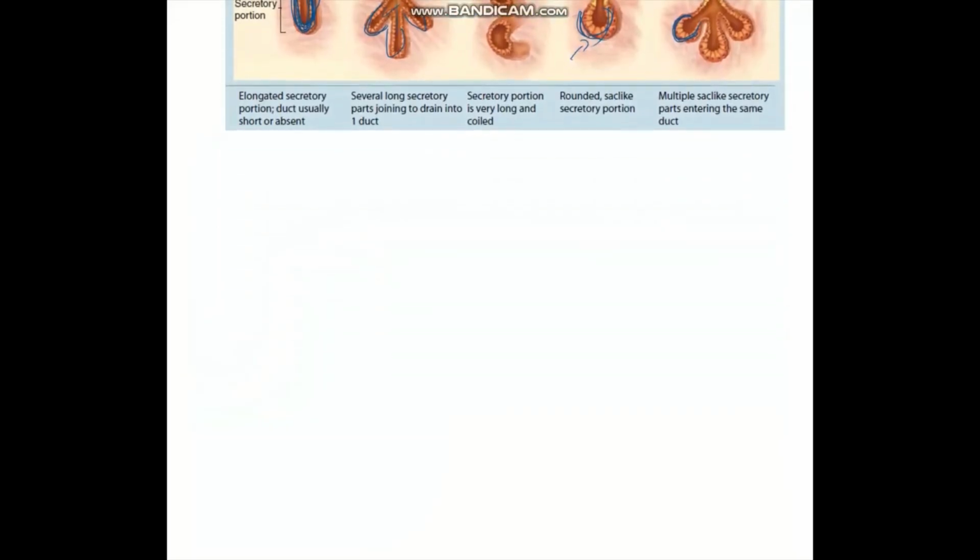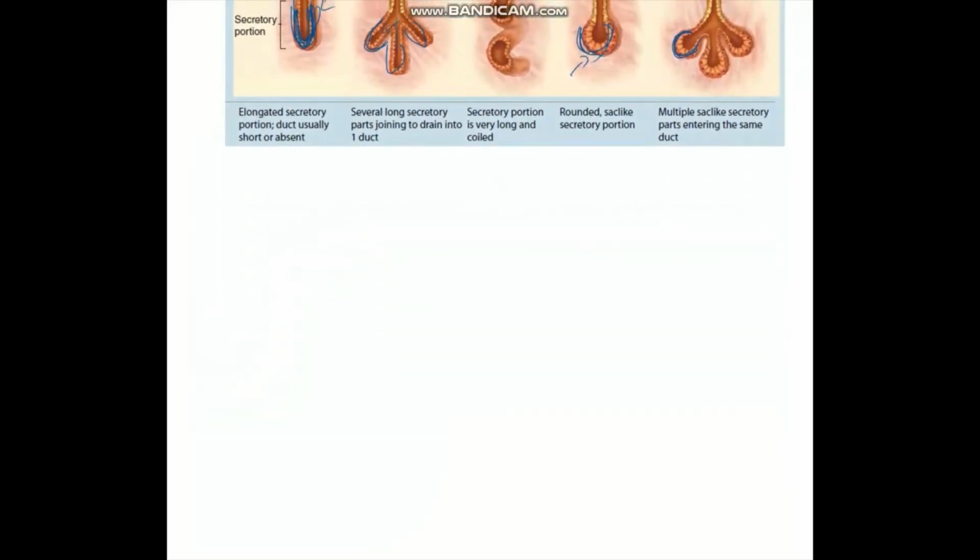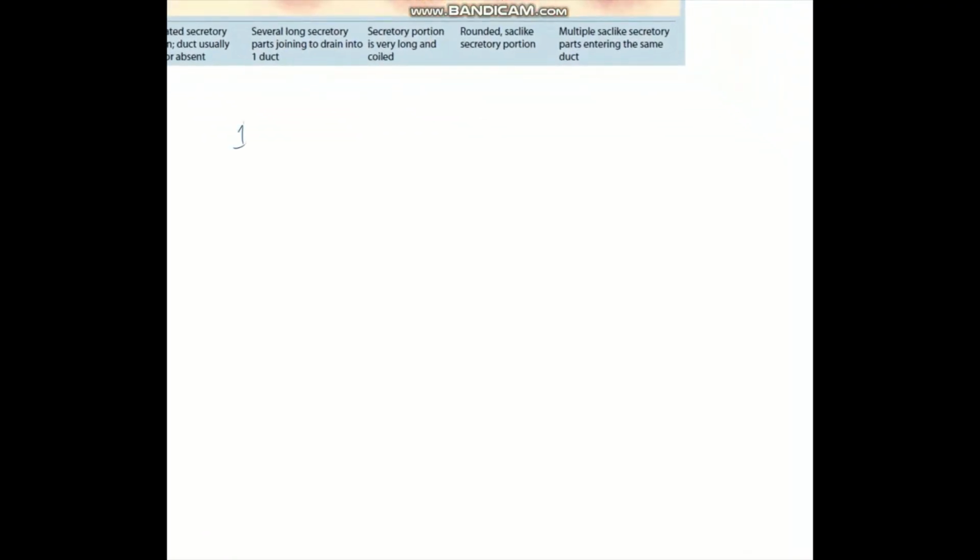And these glands undergo three different kinds of secretions. So the cells that are present in these glands would secrete the stuff that is being secreted by three methods. These are merocrine secretion, holocrine, and apocrine.